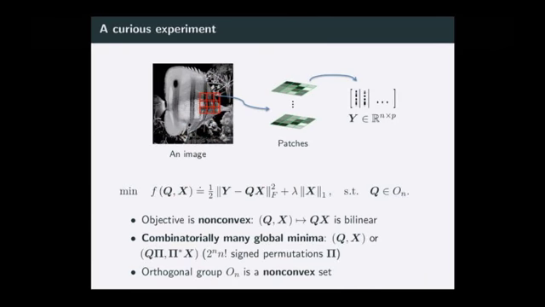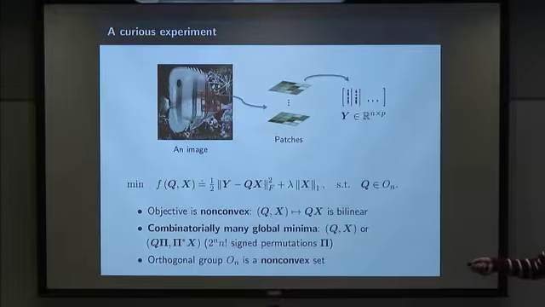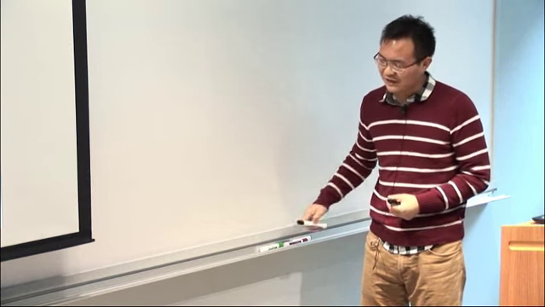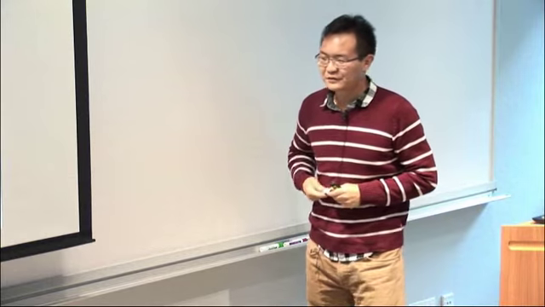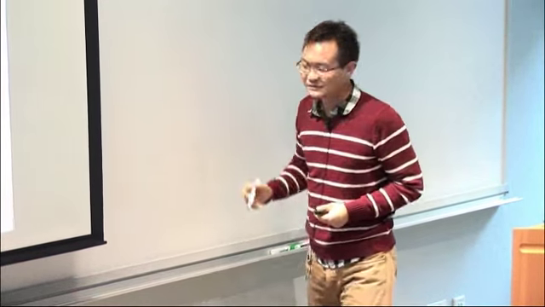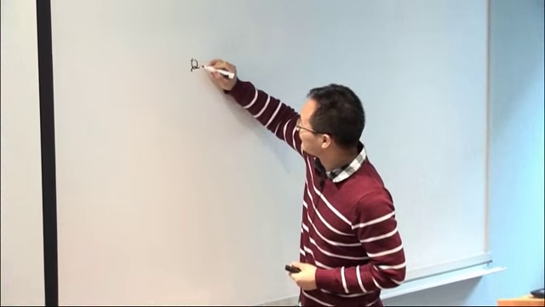One interesting part about this formulation is that this map, (Q, X) to QX, is bilinear. The interesting aspect about this bilinearity is that, suppose I can find a global minimizer for this optimization. Suppose the global minimizer is here.